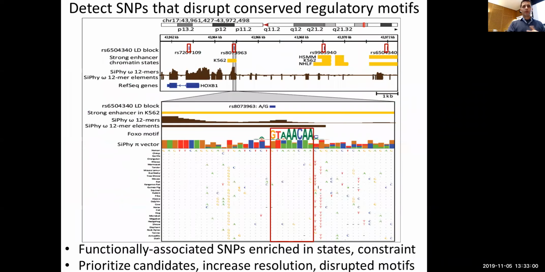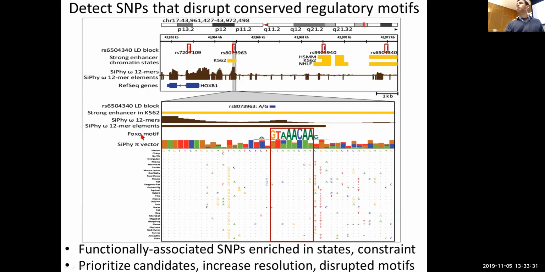Awesome, great. Okay, and the reason why this is really important is you can then go into GWAS that we talked about last week, and you can ask, are these SNPs that are associated with disease preferentially disrupting conserved elements? In this particular case, this SNP here, this A2G mutation at that location, which happens to be in an enhancer in K562, an immune enhancer, is in fact disrupting a motif for FOXO, which is one of the regulators active in that cell type.